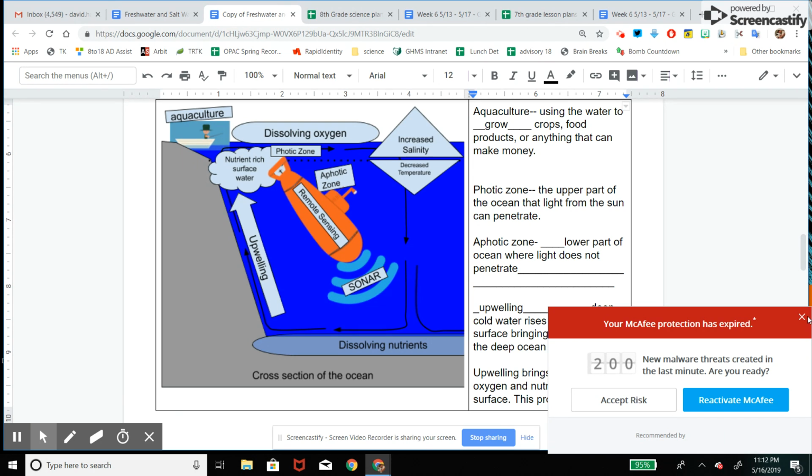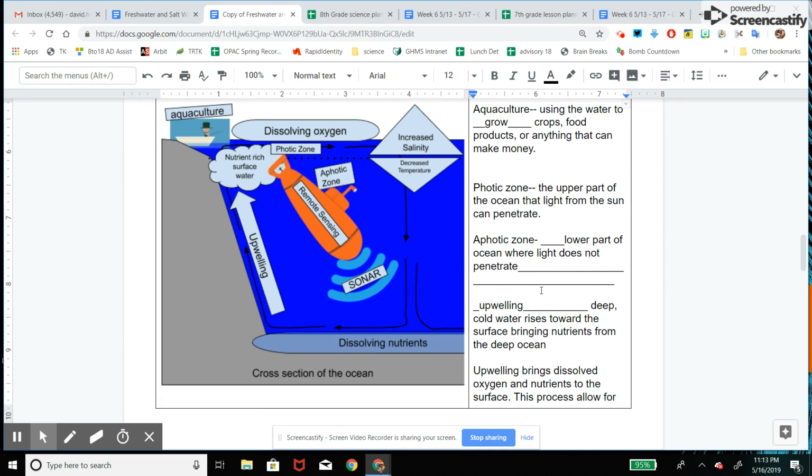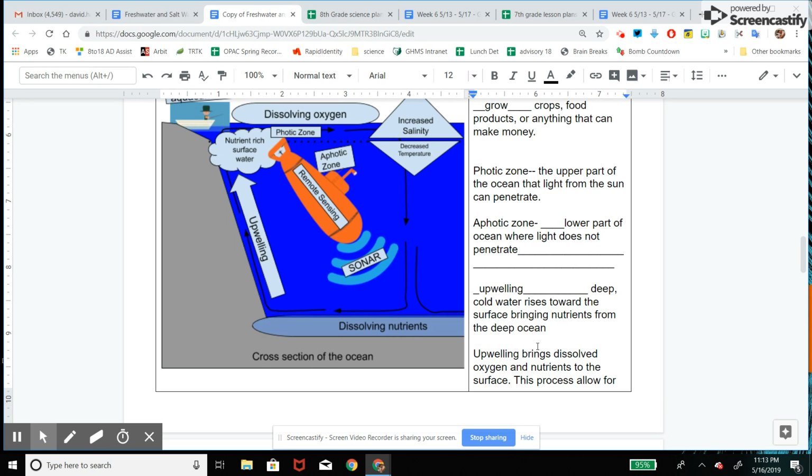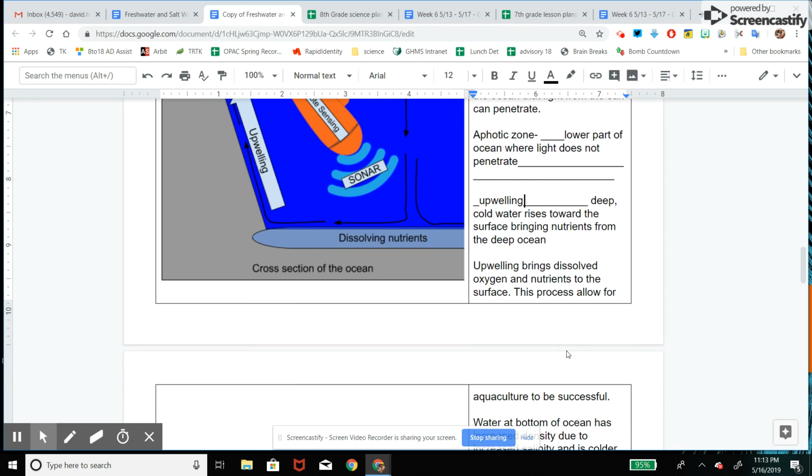Upwelling, deep cold ocean water rises towards the surface, bringing nutrients from the deep ocean up into this area where aquaculture takes place. Hooray. Upwelling brings dissolved oxygen and nutrients to the surface. Dissolved oxygen has to be there, so things that need oxygen, plants, other things can work, nutrients can grow.